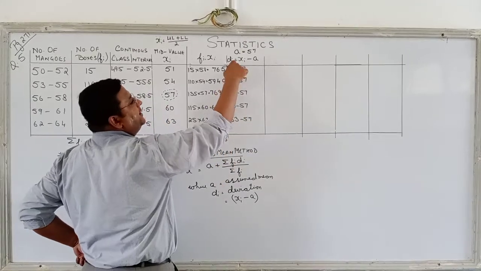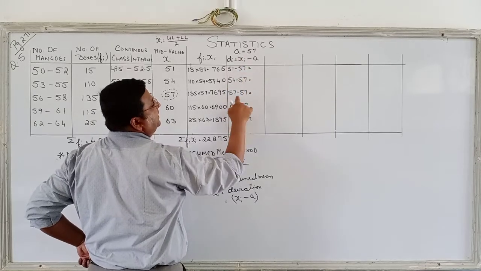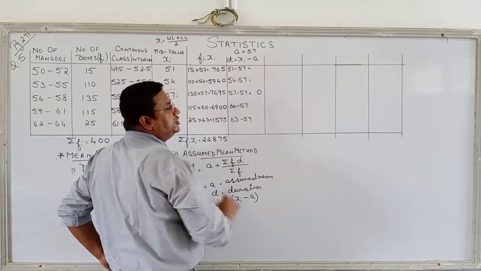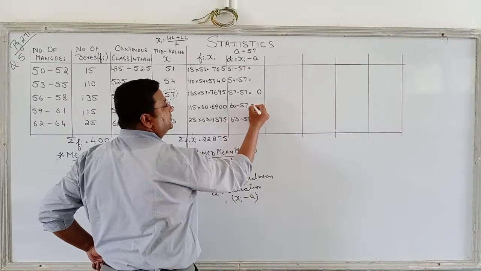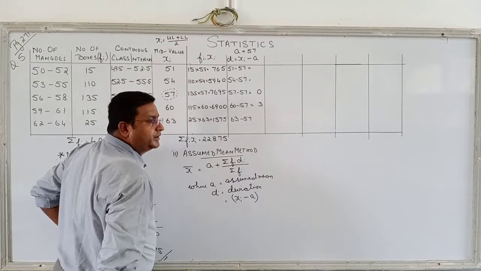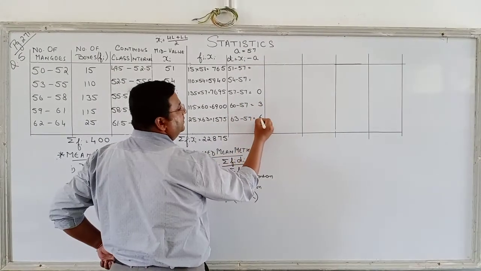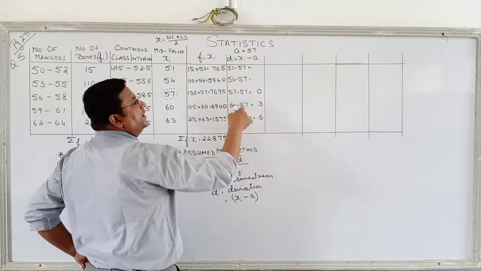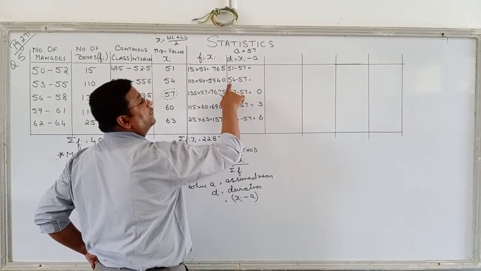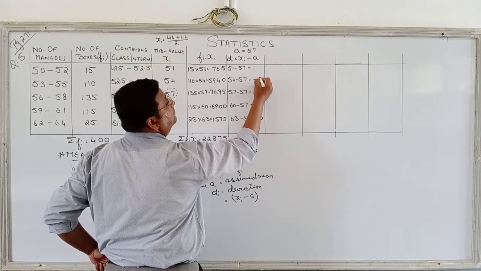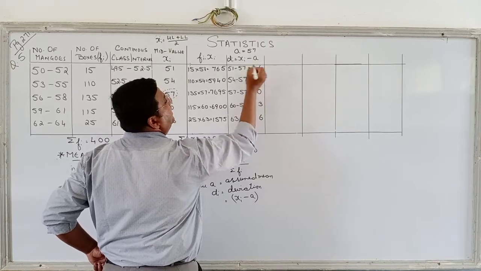We are calculating di. So check over here: 57 minus 57, 0. 60 minus 57, 3. 63 minus 57, 6. So here we can say 54 minus 57, from smaller to bigger number, so this becomes minus 3 and minus 6.